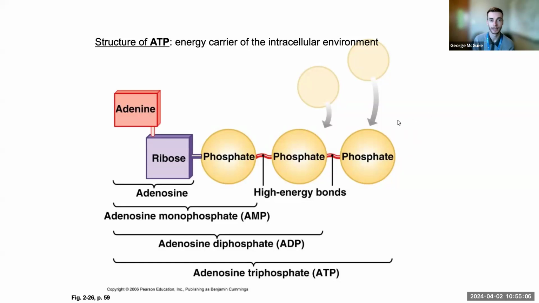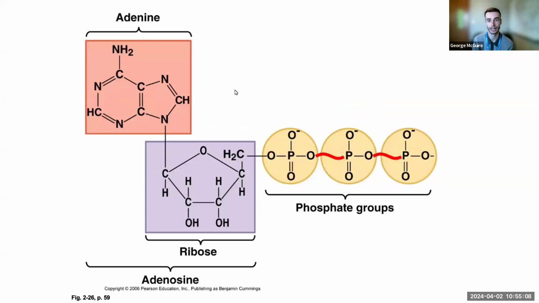And so ATP is the major power source for all things that are happening in the cell based on those high energy phosphodiester bonds. So we had our peptide bonds for amino acids. These bonds holding phosphates together are phosphodiester. We have our nitrogenous base that we saw with nucleic acids, adenine. We have a sugar, a ribose, and then a bunch of phosphates making up that structure.